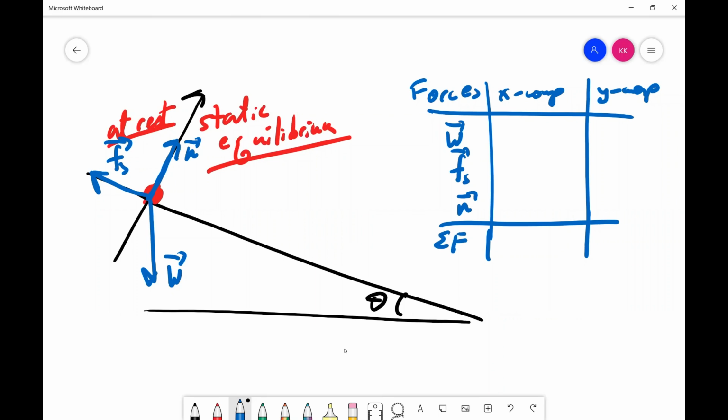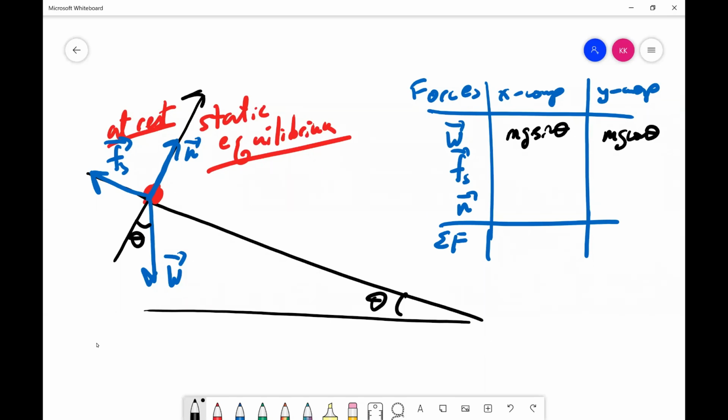All right, so how would I write the x component of the gravitational force? Remember, this angle theta is the same as this theta over here. mg sine theta. So that means this one will be mg cosine theta.